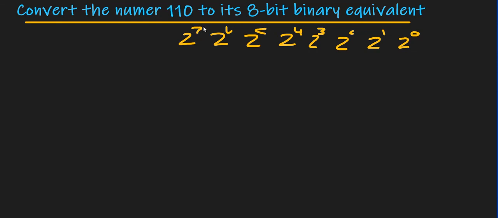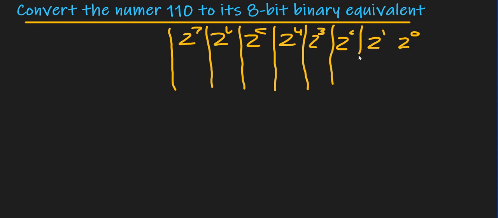Now the reason I'm stopping at 2 to the power 7 is because I was told in the question it's an 8-bit binary equivalent, and we've used 1, 2, 3, 4, 5, 6, 7, 8 columns, 8 placeholders we're going to have here. I'm just putting in these lines to help us know which column we have to put the 1 in to construct this or convert this number.